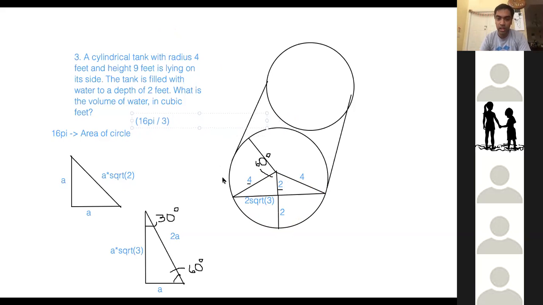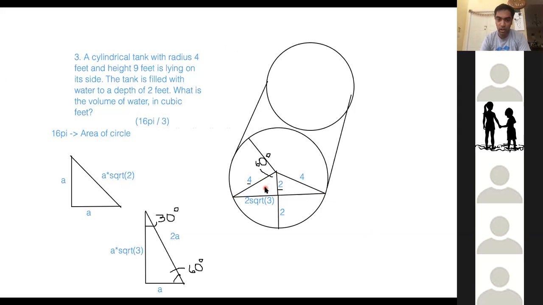And then we can now subtract the area of the triangle. So what is the area of the triangle here? It is 2 square root 3. Wait, no. For 1/2 of the triangle, it would be 2 square root 3 times 2 divided by 2, which is the same thing as just 2 square root 3.